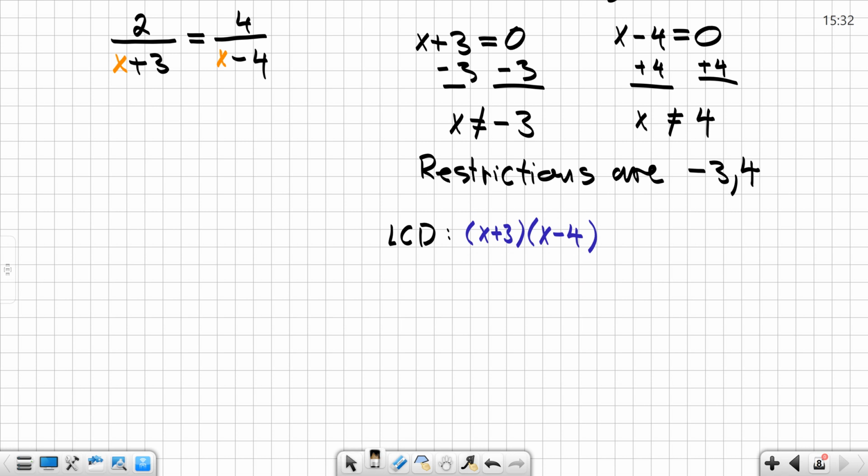And what I'm going to be doing right now, and this is the step, as always, that looks very long. I take the LCD and I multiply it on the left side.